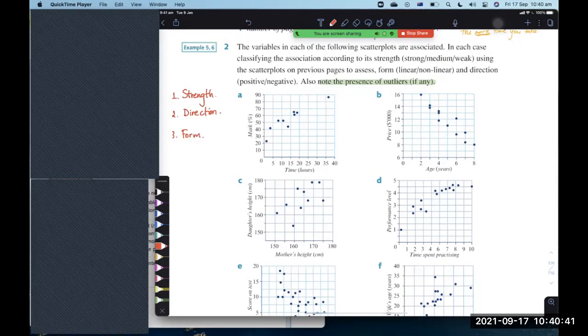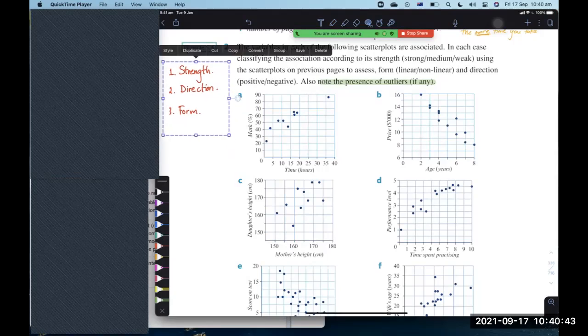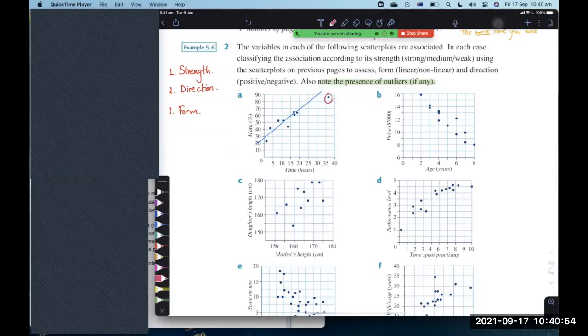So I'll give you an example for the first one here. This one, I kind of see that there's a relationship, a line going there. And I also see that there's an outlier here as well. Okay. So I'm going to describe this. There's a relationship. I wouldn't say that this is entirely strong. I would say that this is maybe moderate.